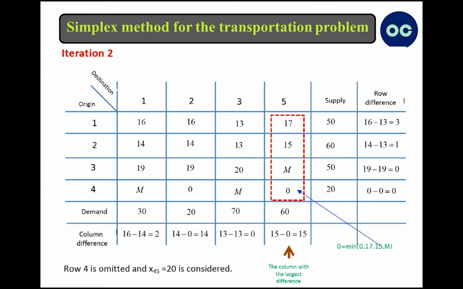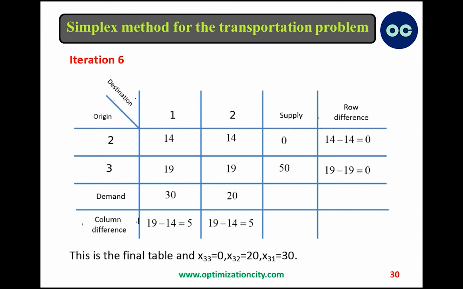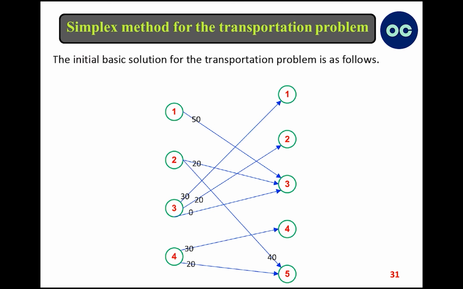And we continue this process until the demand and the supply are satisfied. So this is the initial basic solution for the transportation problem with the help of the Vogel approximation method.